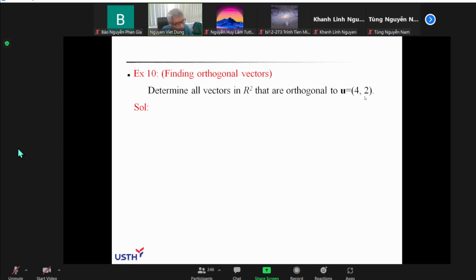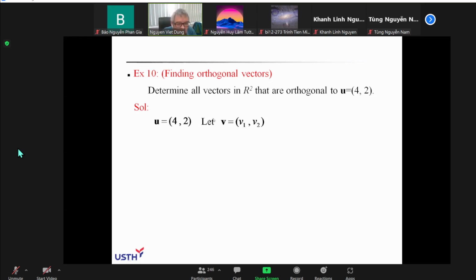You can generalize it for any vector in any space. You can consider R3 or Rn, anything. So you can do as follows. u has coordinate 4 and 2. Suppose that v has coordinate v1 and v2.